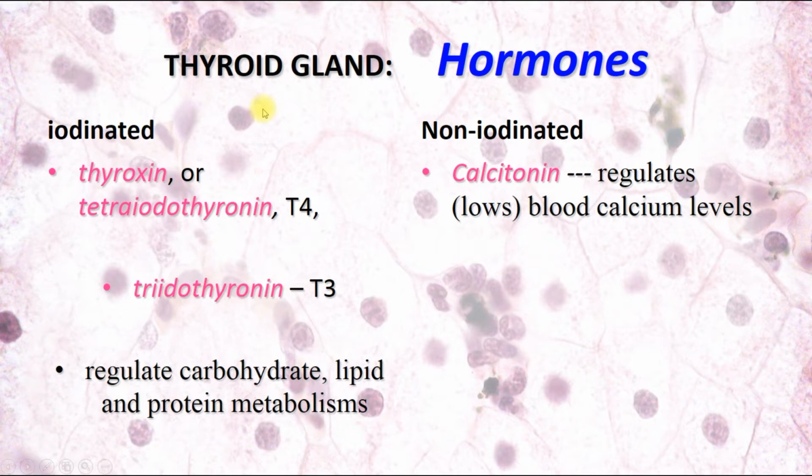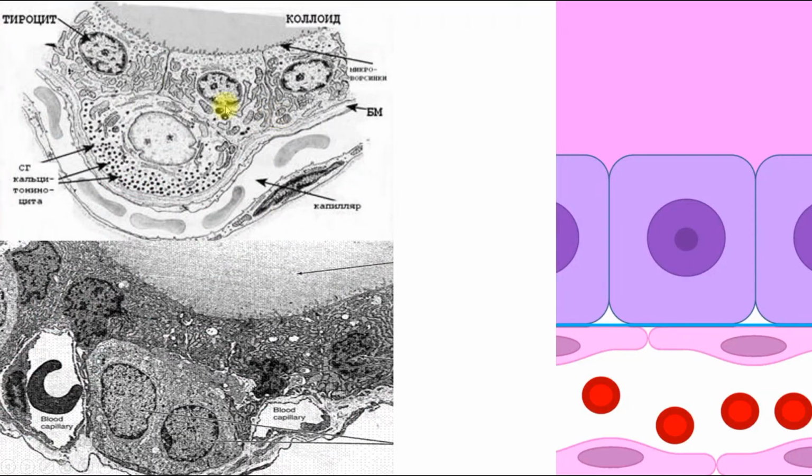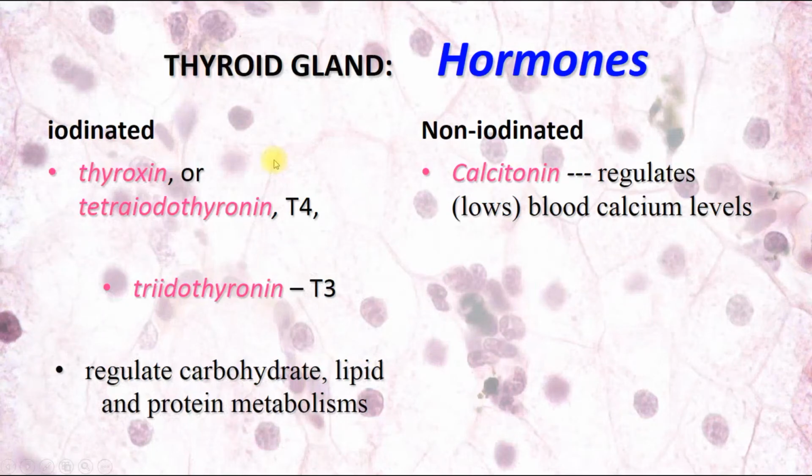Also there are non-iodinated hormones. It's calcitonin. It regulates low blood calcium level. Here we can see the cell which produces calcitonin, a non-iodinated hormone, and it regulates blood calcium level. It makes it lower.